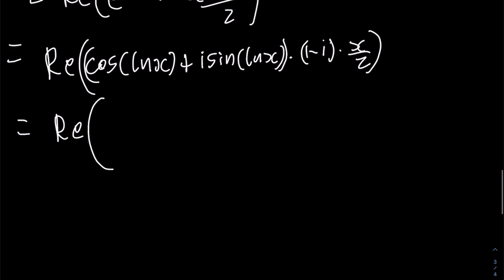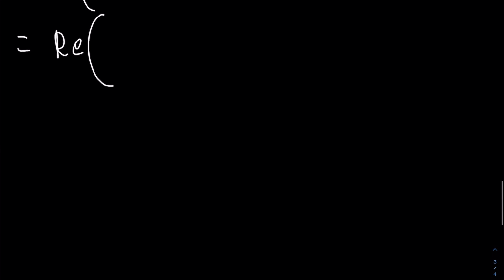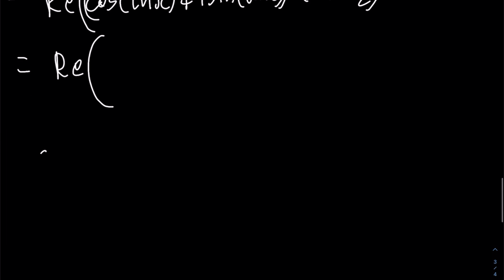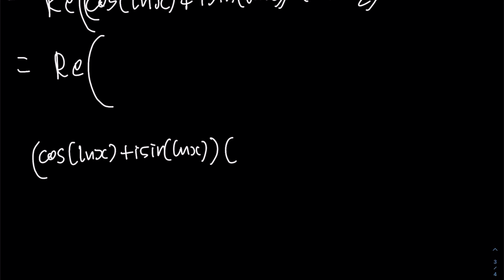So let's do this off to the side. We have cosine of ln x plus i sine of the natural log of x, and that is multiplied by 1 minus i, like so.